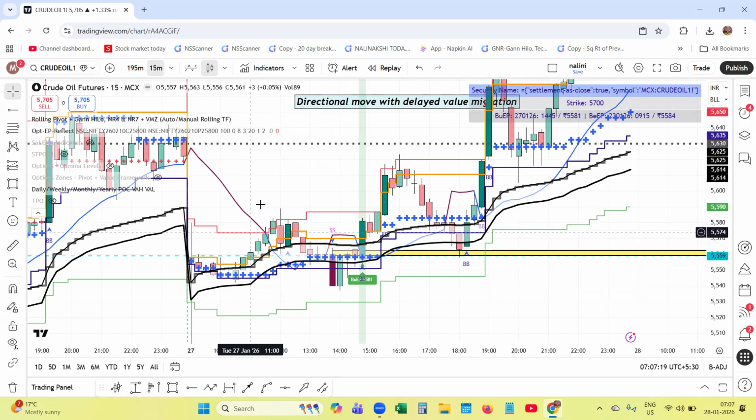This is a price pattern which is happening in the market. This type of price action will also be seen, whereas yesterday in Nifty it was a rotation. So you need to understand the difference between the rotation and this type of price action. That's why I'm bringing up this crude oil chart to understand.